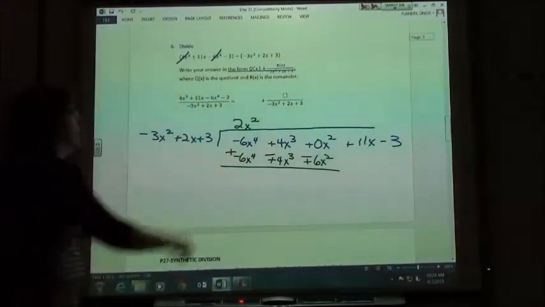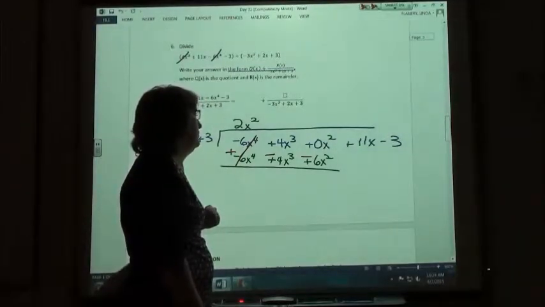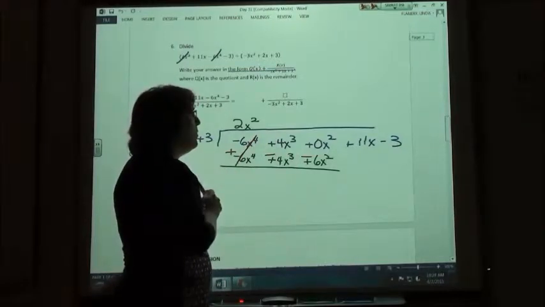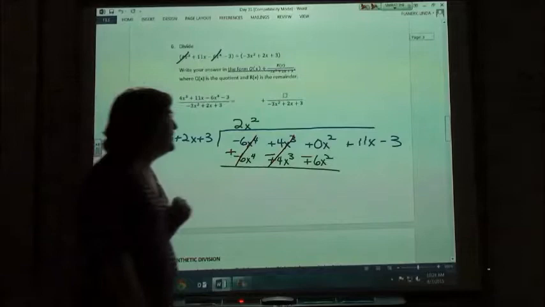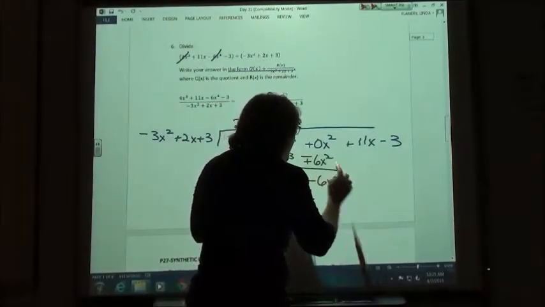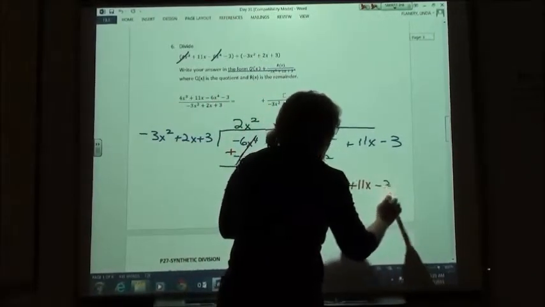Cancel out the 6. So is that going to be like x squared? Nope, it just cancels out. 4 minus 4 is none, right? Then we're going to have 6 minus 6, minus 6x squared plus 11x minus 3.